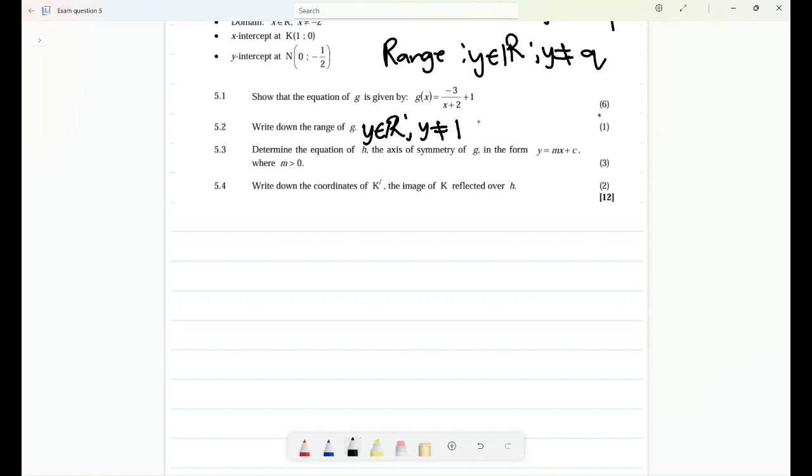Or someone might say Y is an element from negative infinity to infinity, but your Y should not equal 1. Or someone might say Y is an element from negative infinity to 1, then from 1 to infinity. But do not use this.